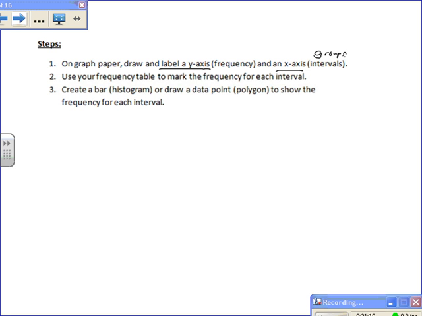Okay, so let's go ahead and do that. So it would look something like this. For every graph that you make, frequency is always going to be plotted on your y-axis. So your y-axis is frequency, and down here on the bottom, your x-axis is going to be your groups or your intervals.